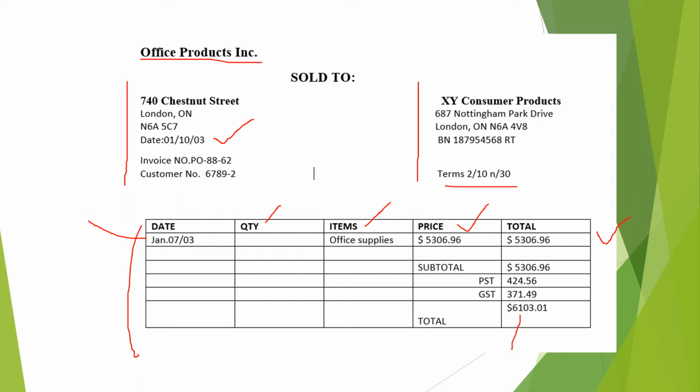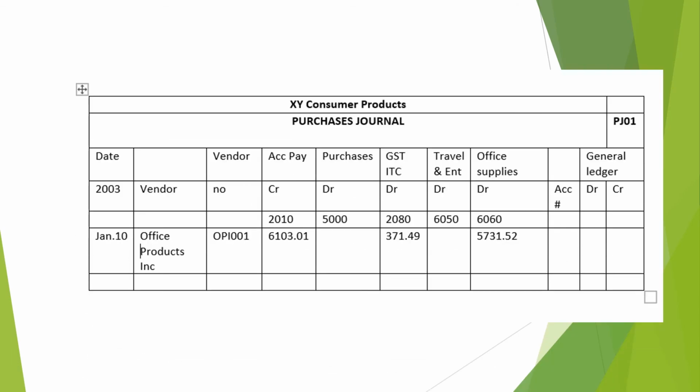Now let's see. You have received this one, and you are the accountant. You need to do a journal entry in the purchases journal. Here you record your purchase journal for the office supply.